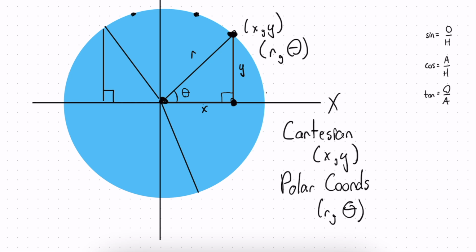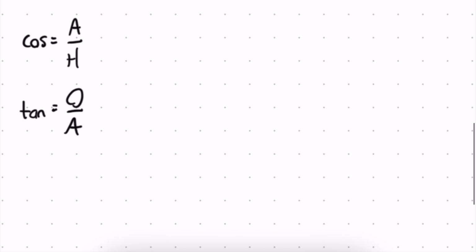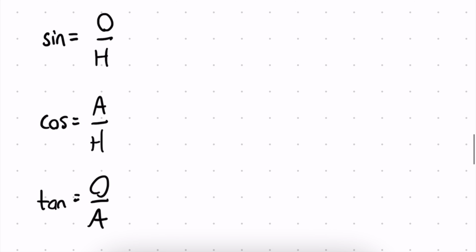We can do a lot of our math for circles in polar coordinates because it's much simpler, but then we always have to map our polar coordinates back to Cartesian coordinates so that we can draw them in Skia. So the way we do this, if we zoom in, now that we've changed the names, I apologize, you could say that sine theta is equal to, instead of opposite over hypotenuse, the y over the radius.